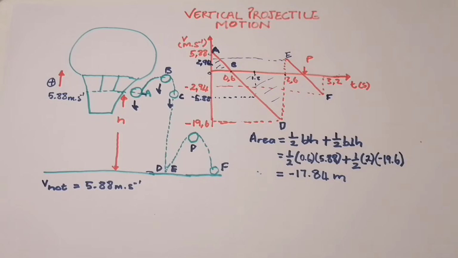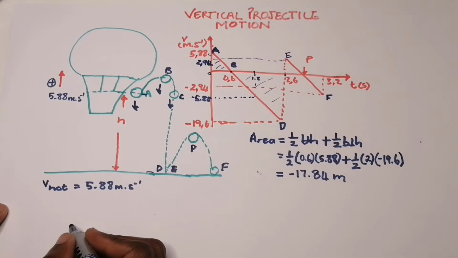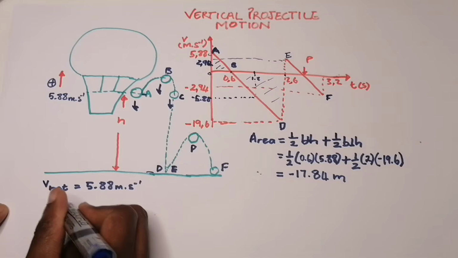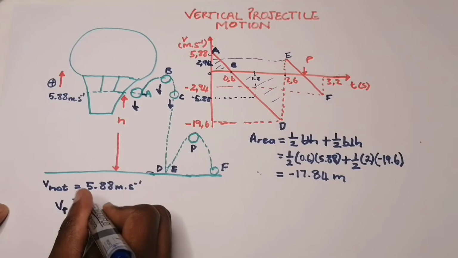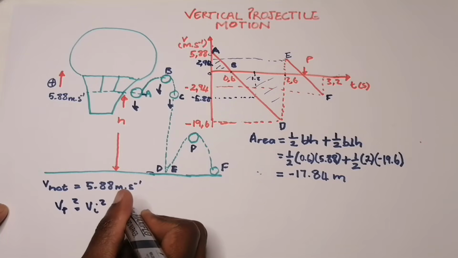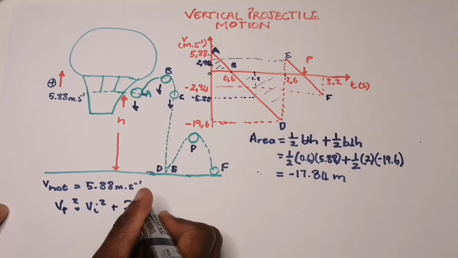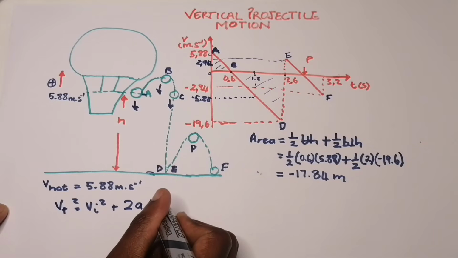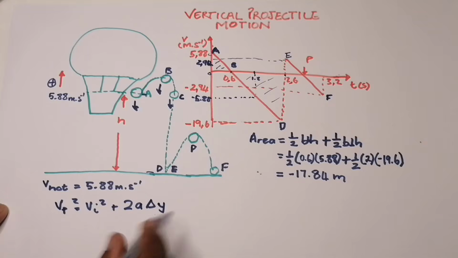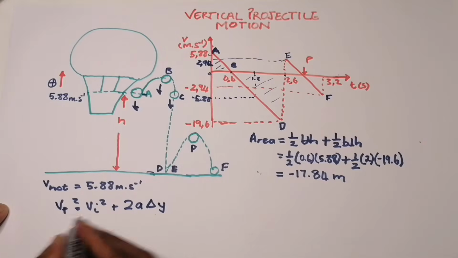And you need to now look for the displacement. I suppose you could have used the second equation: VF squared equals VI squared plus 2 times A delta X, but I'm going to change that to delta Y because we're talking about the vertical.